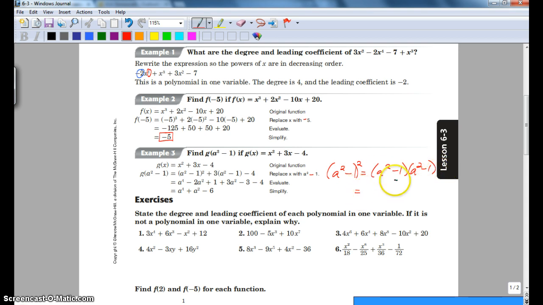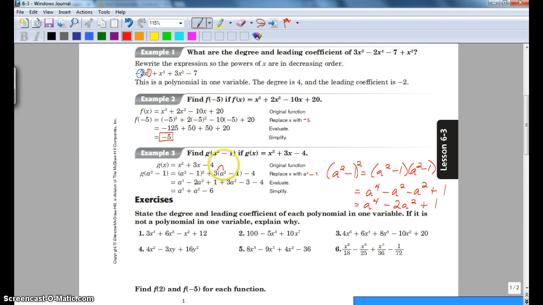In this case, it becomes first a to the fourth, a squared times a squared that is, outside negative a squared, inside negative a squared, and last 1. We have like terms of negative a squared and negative a squared, which add to negative 2a squared. Therefore, your trinomial is a to the fourth minus 2a squared plus 1.